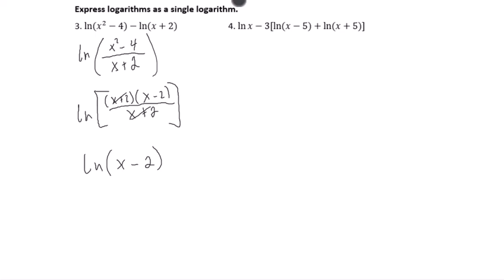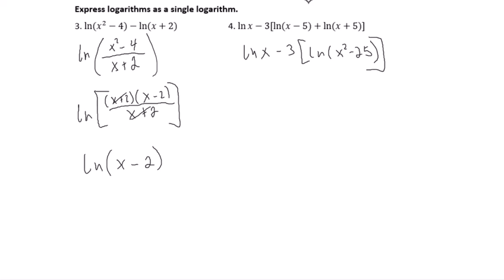All right, let's look at the next one. So we have ln of x and then minus all of this. So minus 3. And I'm going to start with this inner part: ln of x minus 5 plus ln of x plus 5. So that's ln of x squared minus 25, because that's difference of squares.